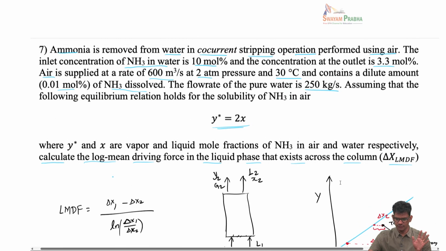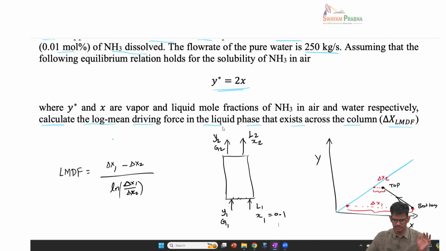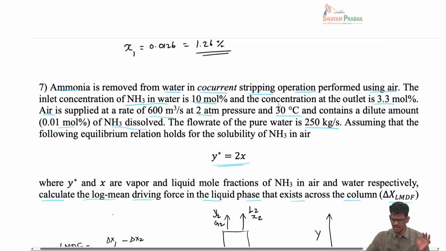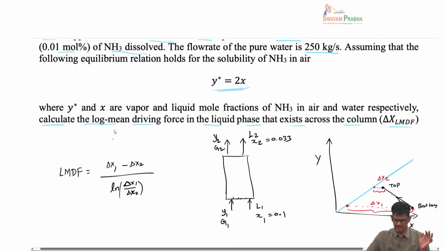For example, ammonia is removed from this. The inlet concentration of ammonia in water is 10 mole %, so this is actually 0.1, and the outlet concentration is 3%, and air flow rate is given.